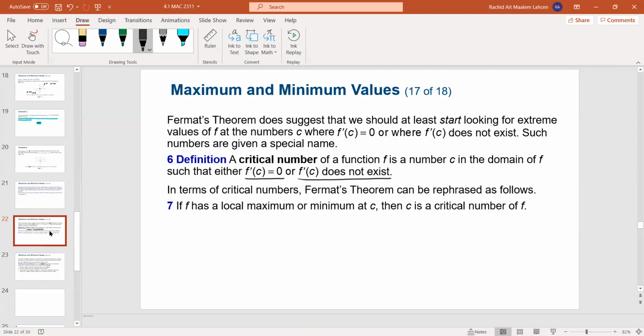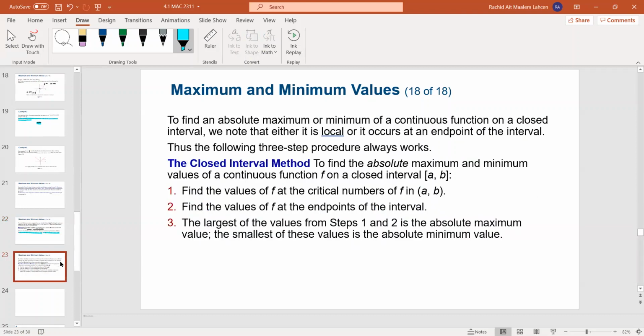In terms of critical numbers, Fermat's theorem can be rephrased as follows. If f has a local maximum or minimum at c, then c is a critical number. So now we're talking about critical numbers. To find an absolute maximum or minimum of a continuous function on a closed interval, we note either it is local or it occurs at an endpoint.